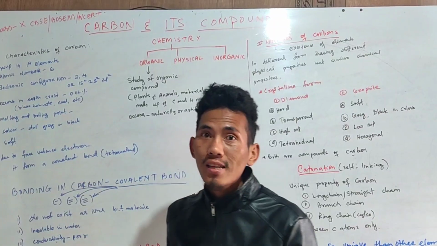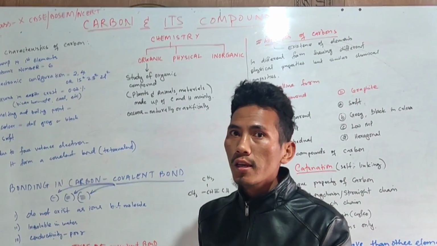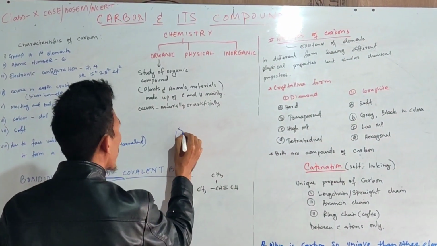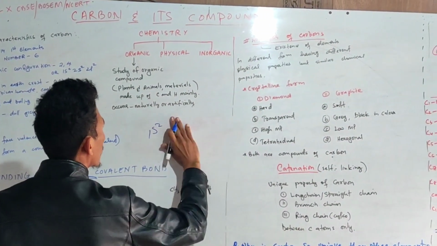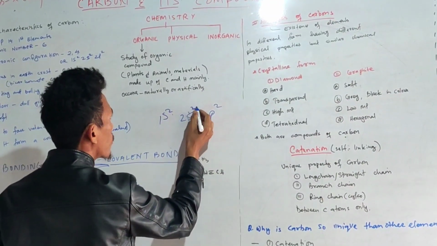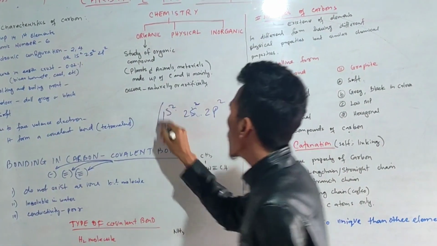The atomic number of carbon is 6. Using SPDF, we can write the electronic configuration of carbon as 1s2, 2s2, 2p2.